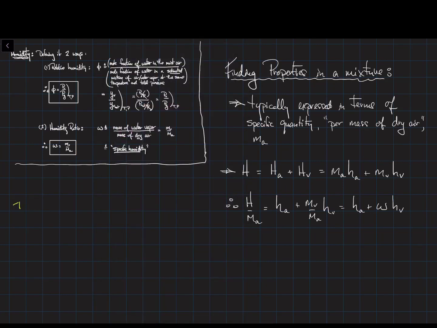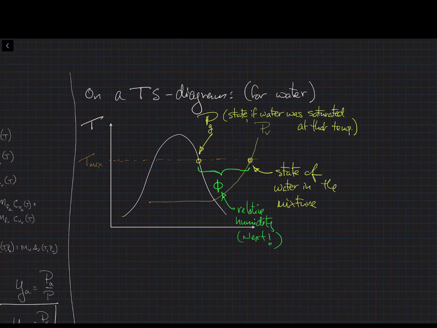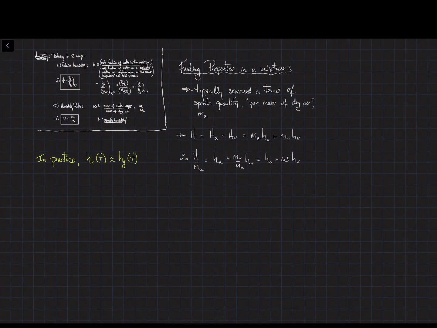Now in practice, because of the shape of the HV diagram, I'm just going to illustrate it here for now on the TS diagram. We'll go to the PH diagram in a moment. The enthalpy in a superheated region at a given temperature is very close to the enthalpy of the saturated vapor at that same temperature.